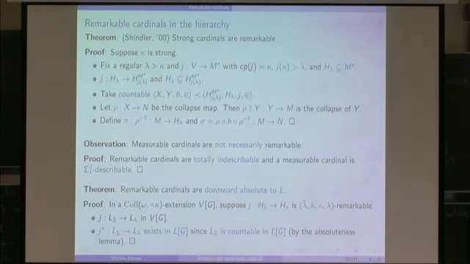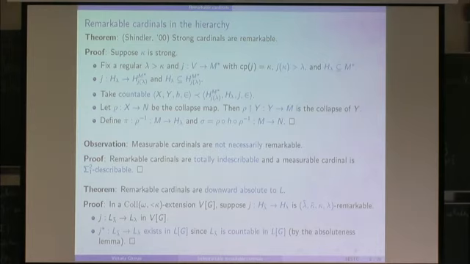Take a countable substructure of this whole situation. So X corresponds to the bigger one, Y to the smaller one, and then h corresponds to j. Collapse X, get an N. The collapse of X restricted is going to be precisely the collapse of Y because Y sits transitively inside X.